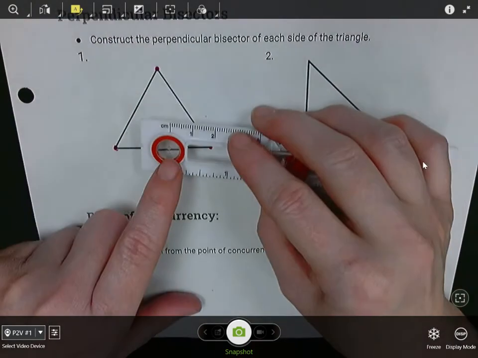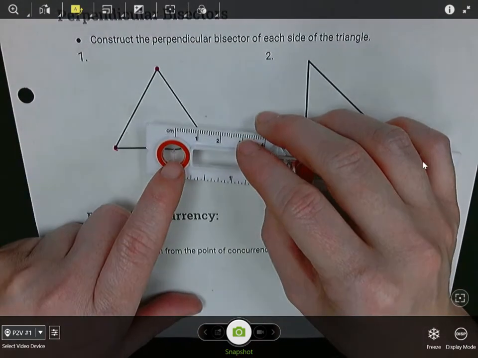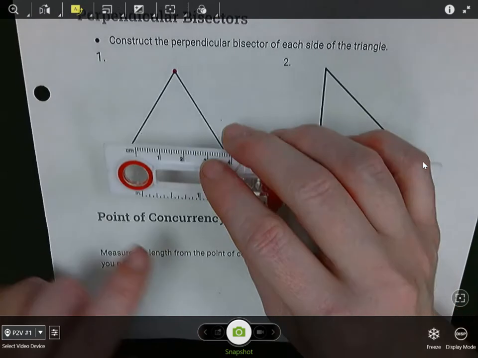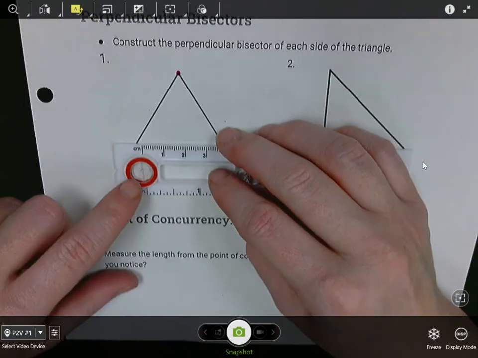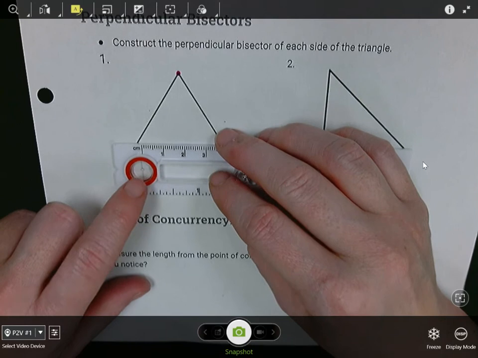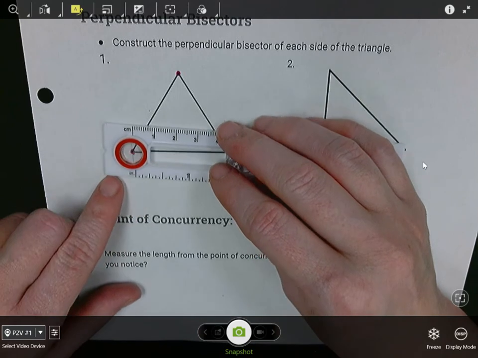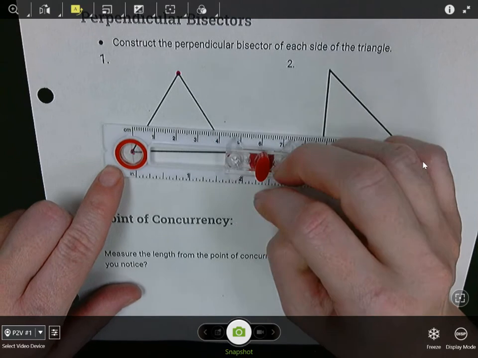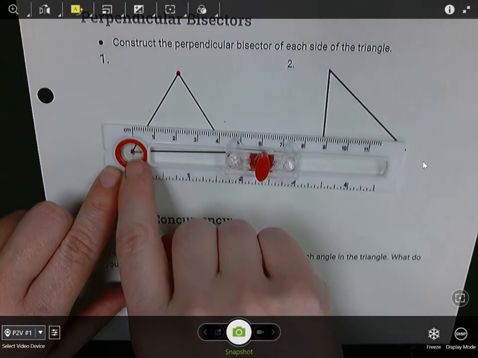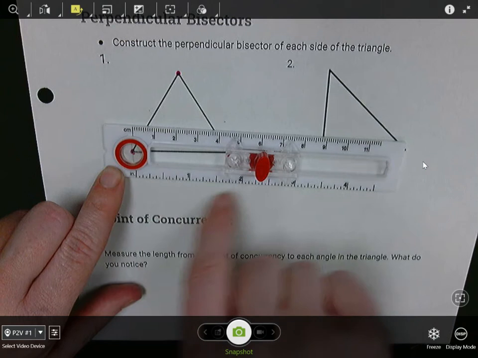Now, do you see that little dot in the center of the clear circle? There's an X, and then there's a little bitty dot there. Put that dot on top of the dot you made right there. So that center circle dot should be on your dot.